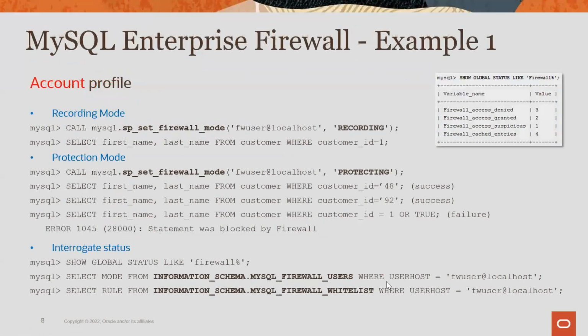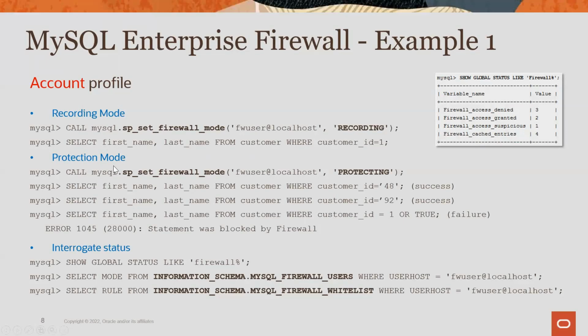Let's take a look also at an example of how this works with account profiles, and then on the next slide with group profile. So while we are in the recording mode, let's say this statement is executed by the application. The statement is normalized. It's stored in the firewall allow list.